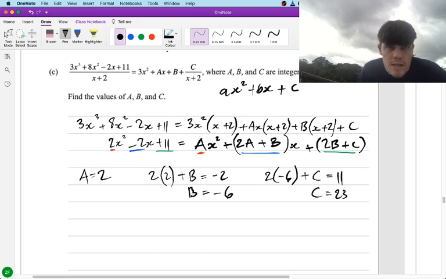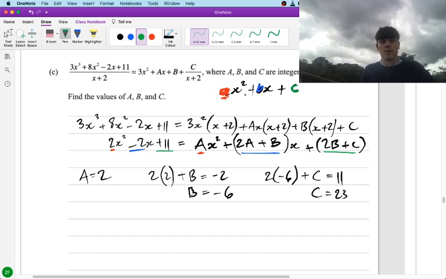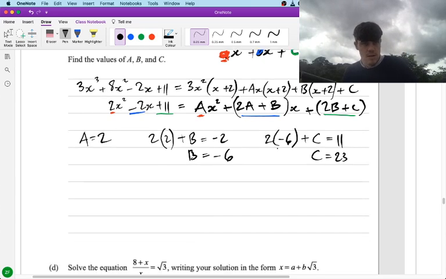Because red is all my lowercase a stuff, blue is all my lowercase b stuff, and green is all my lowercase c stuff. So they are equivalent. So that's how I can form these simultaneous equations to solve for these letters.